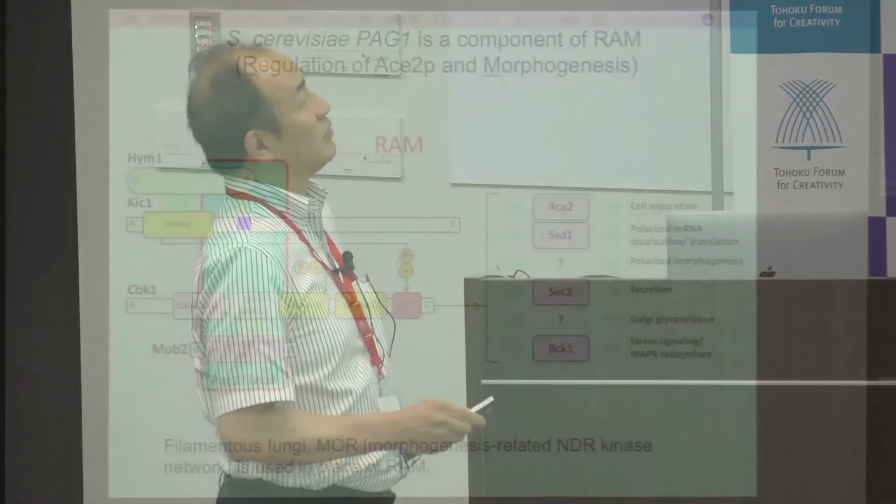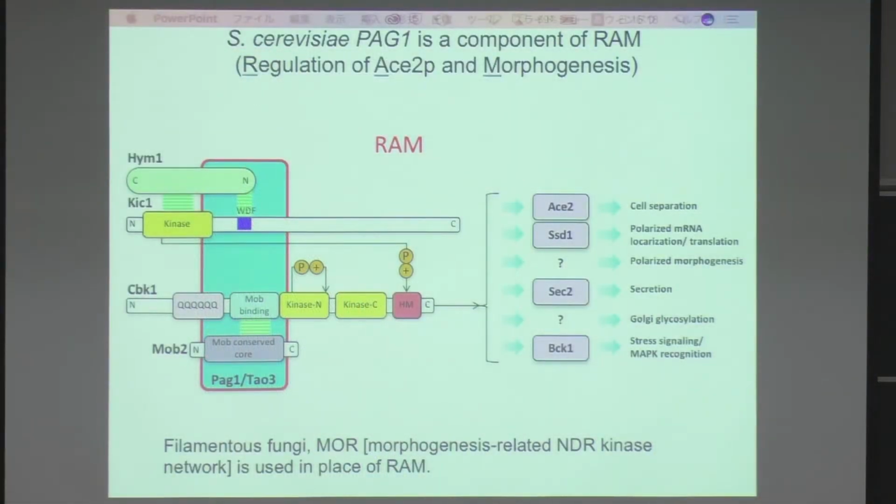The Saccharomyces PAG1 is a component of RAM, regulation of Ace2p and morphogenesis, that plays a role in multiple cellular processes, including cell separation, polarized messenger RNA localization, secretion, and stress signaling.